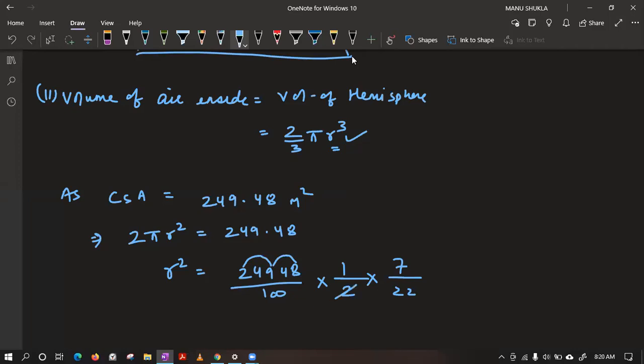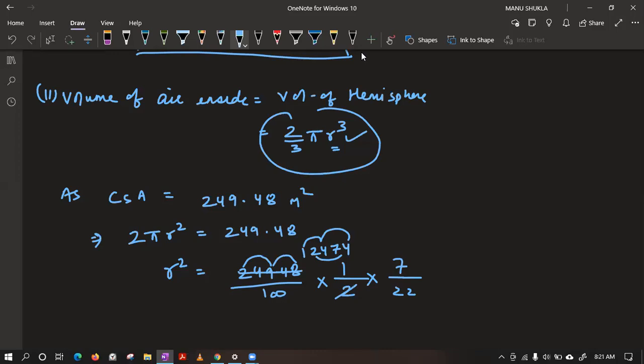By 2 we can solve this. 2 ones are 2, 2 twos are 4, 2 fours are 8, 2 sevens are 14, and then 2 fours are 8. No, it will not go by that. You have to divide this only and you'll get the value of radius. And then after finding the value of radius, you can just put it in the formula of volume and get the answer B.